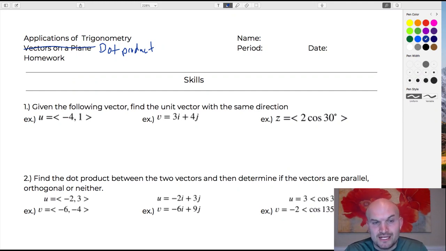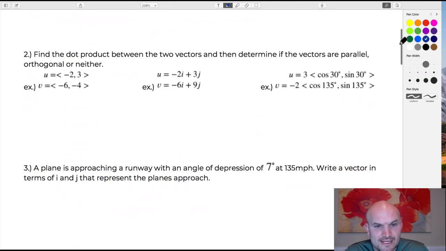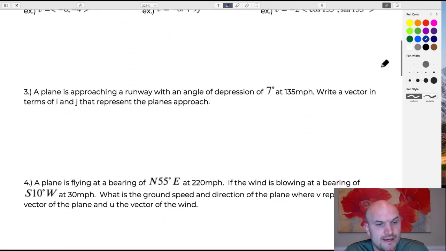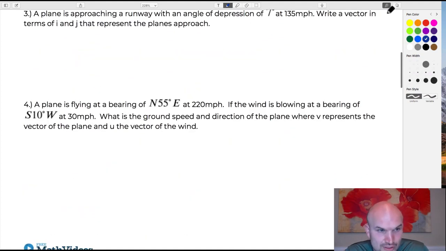In this lesson we covered the unit vector, writing a vector as a linear combination as well as a magnitude and direction. Then we worked on how to find the dot product of two vectors to help us determine if vectors were parallel, orthogonal, or neither. We also talked about some word problems, and then we looked into finding the angle of two vectors.